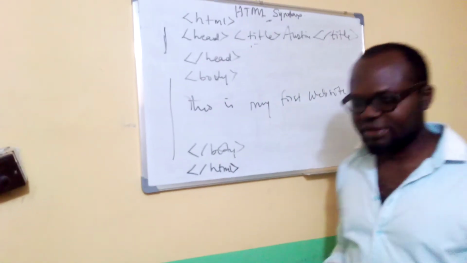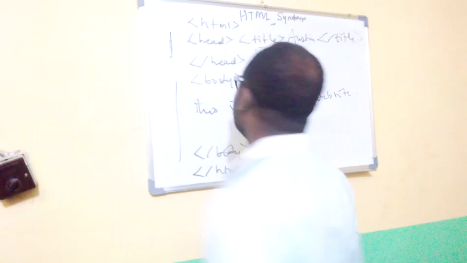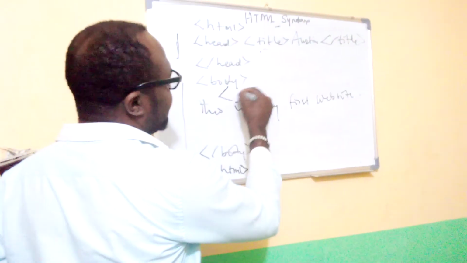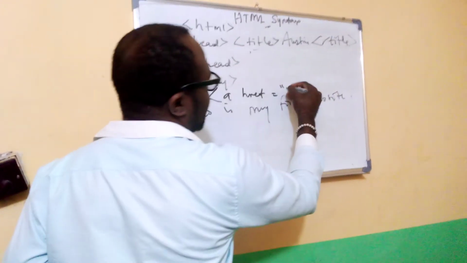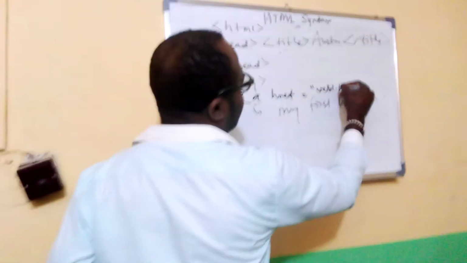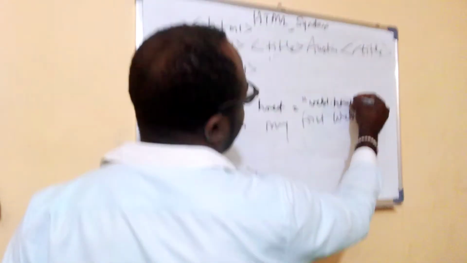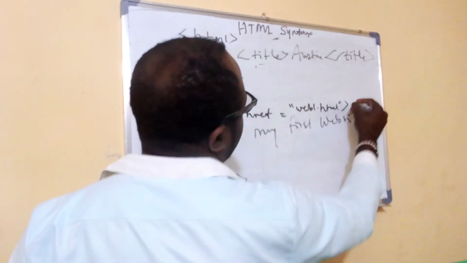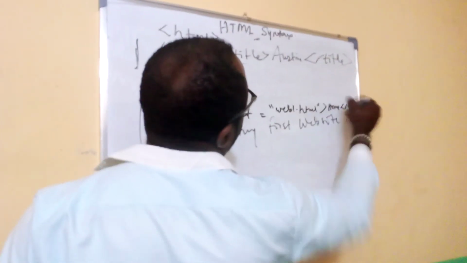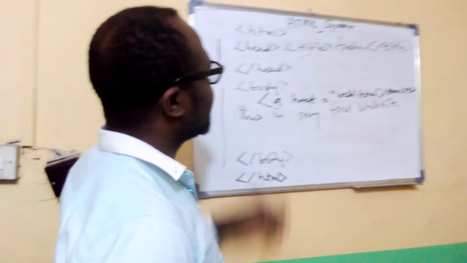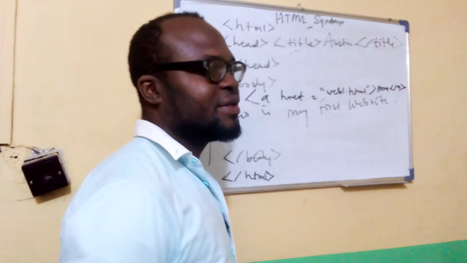So if you're having any code for anything, like say link is a href equal to web1.html. So you have home, then you close. This is the code for linking. All of them has to come inside the body. Is that clear? The only thing you can have under head is the title.